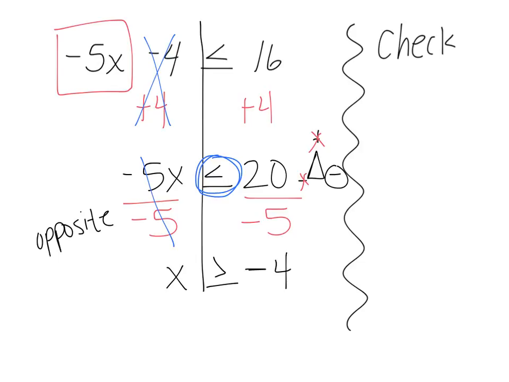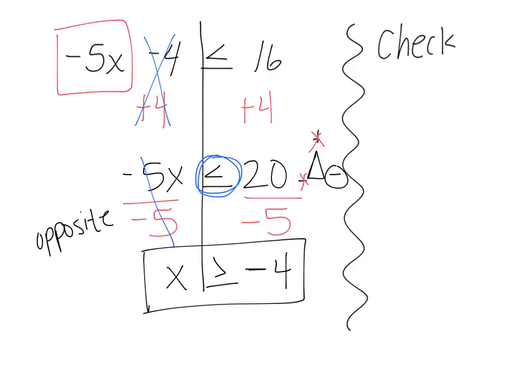So here's why checking is so important. I'm going to show you with the correct answer, and I'm also going to show you with the incorrect answer. We need to pick a number that is greater than or equal to negative 4, but let's do greater than. Let's say 0, because 0 is greater than negative 4.